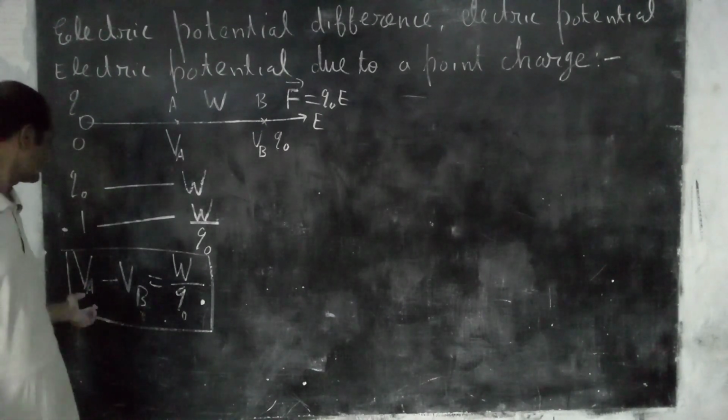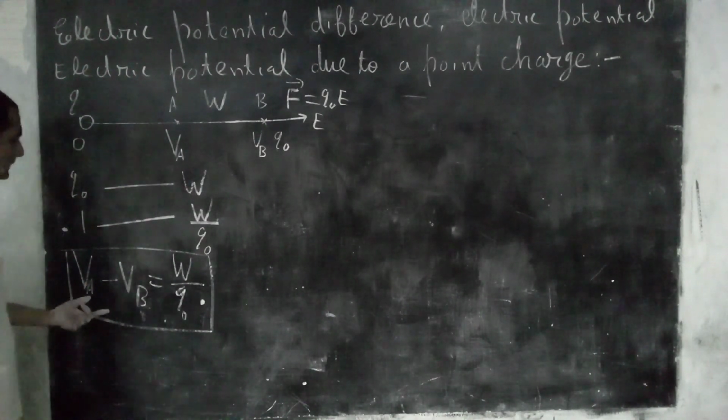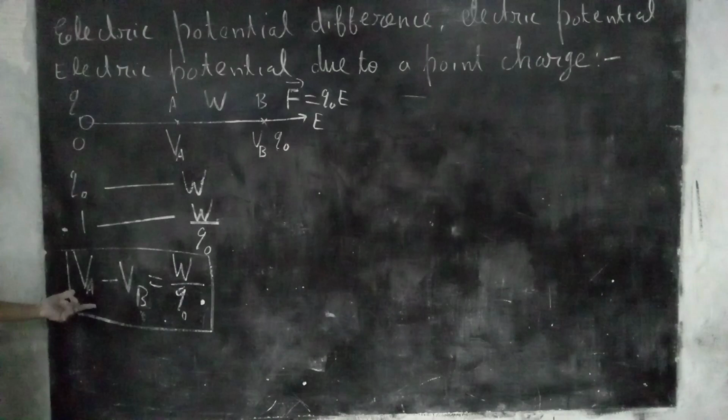So this is your electric potential difference between points A and B.